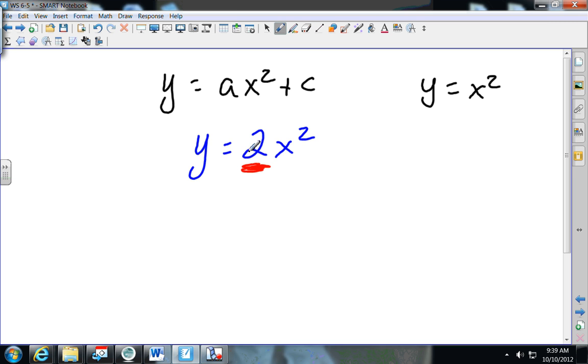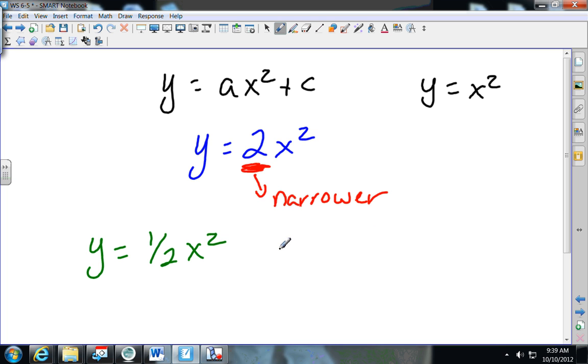If the number is bigger than 1, it makes it narrower. What makes it fatter? A fraction. Remember, if we had y equals 1/2 x squared, this number right here is a fraction. I told you as a hint, this is a fraction. And so it's going to make it fatter. It's going to make it wider.